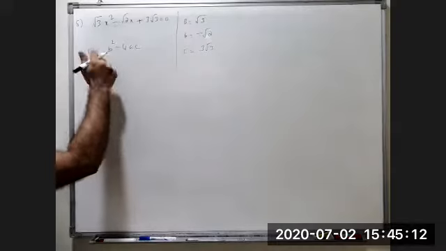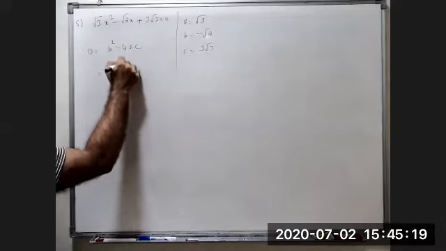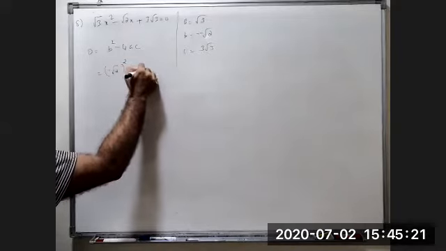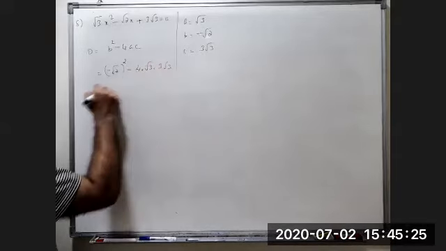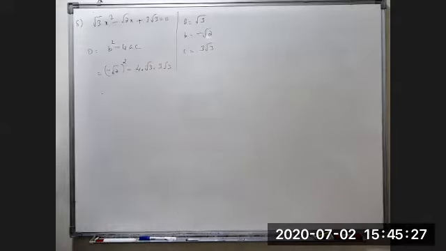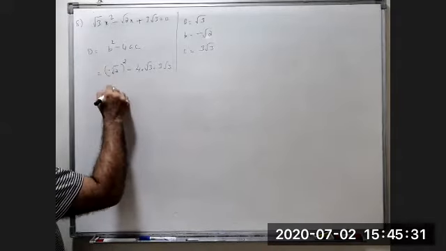Now, discriminant is B square minus 4AC: minus root 2 square minus 4 into root 3 into 3 root 3. Minus root 2 square, negative and positive. Root 2 squared is 2.